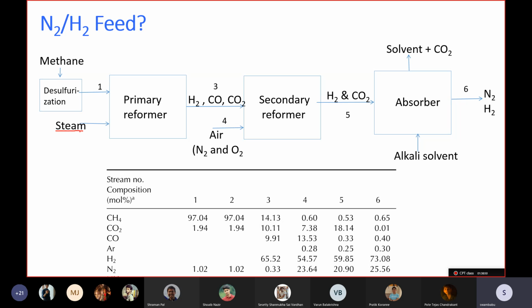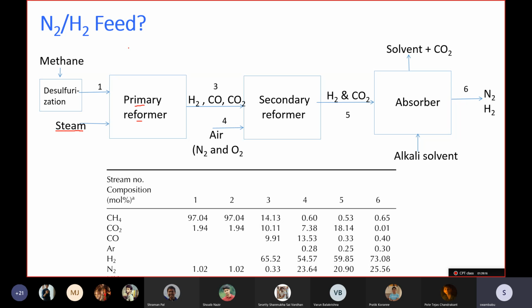So in the previous slides, I just skipped the details of secondary reforming on purpose, because it will be more helpful for you to understand here. That's why I didn't talk about the secondary reformer in the previous slides. So in the primary reforming, methane reacts with steam.